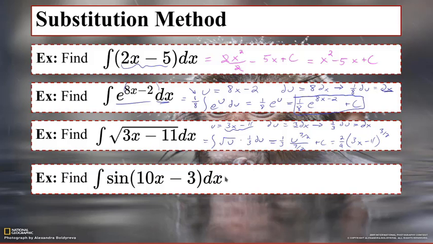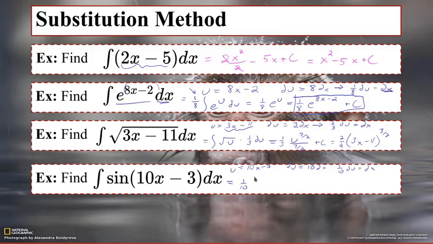All right, let's throw a trig function in here. Let's try u equals 10x minus 3. du is 10 dx, so 1/10 du is what we're going to substitute in for dx. So plugging all that in, I'm going to have a 1/10.